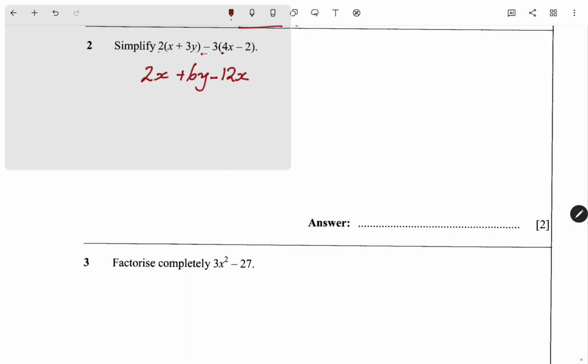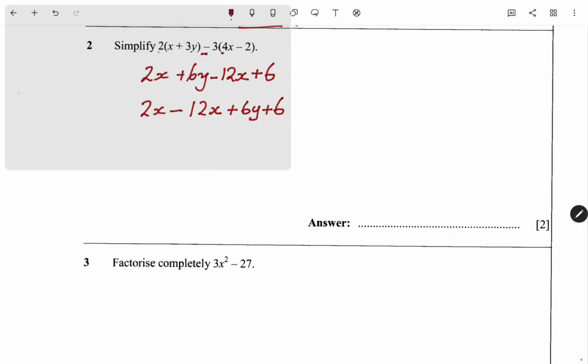Then here, this is negative times negative, so it will be plus 3 times 2, that will give us 6. When you reach this stage again, like terms together, so we're going to say 2x minus 12x plus 6y plus 6.